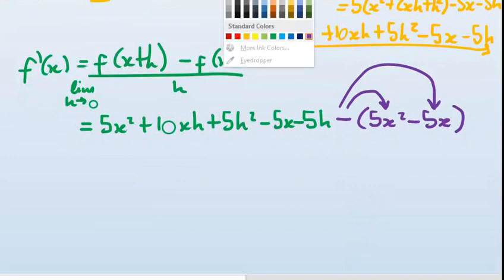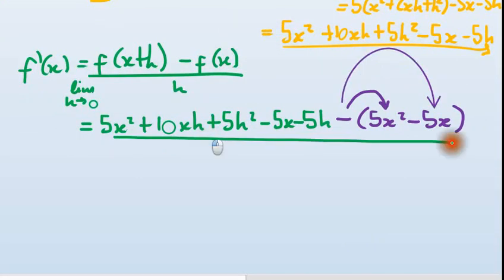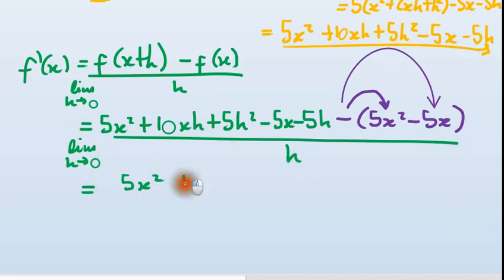We're just gonna call it the 10 minus 24 notation, and all of this is divided by h, and we know that h is limited to 0. It should approach 0. Now it is equal to 5x squared plus 10xh plus 5h squared minus 5x minus 5h.